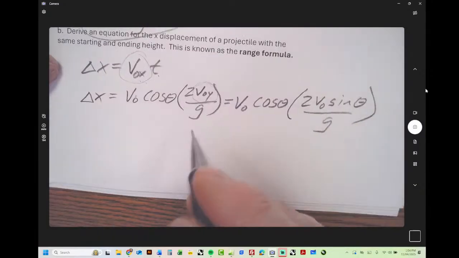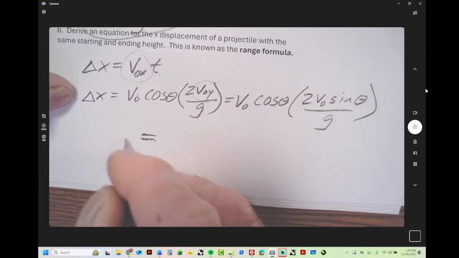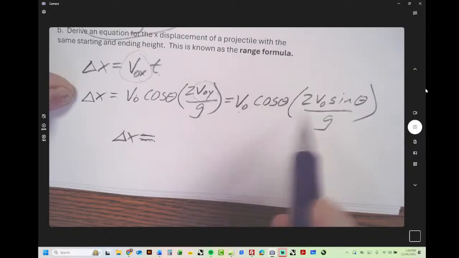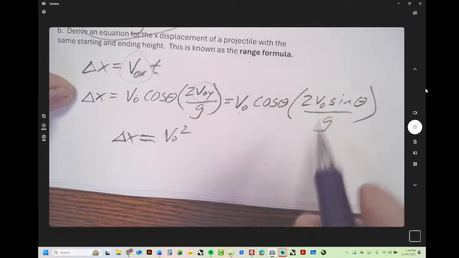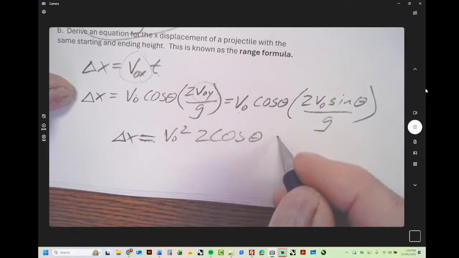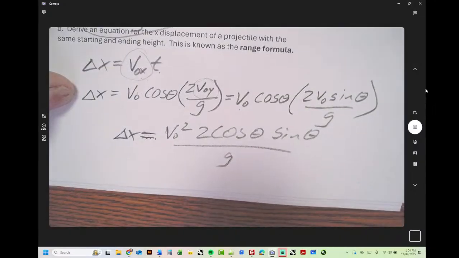And now combine some stuff. So there's 2 v0s in here, so I can do v0 squared. And then combine this times 2 cosine theta sine theta over g.